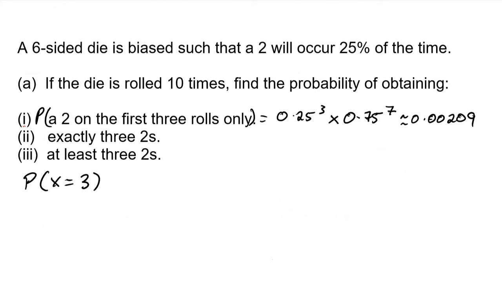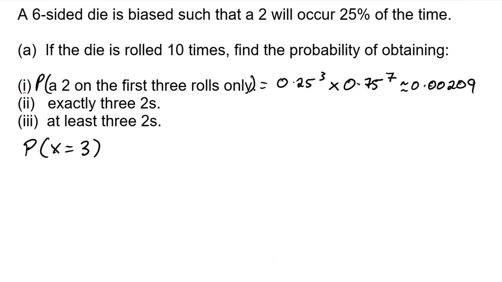And so what we get is the number of trials, the number of successes. So this will tell us how many ways we can have 3 successes out of 10 trials, multiplied by the probability of success to the power of the number of successes, multiplied by the probability of failure to the number of failures.